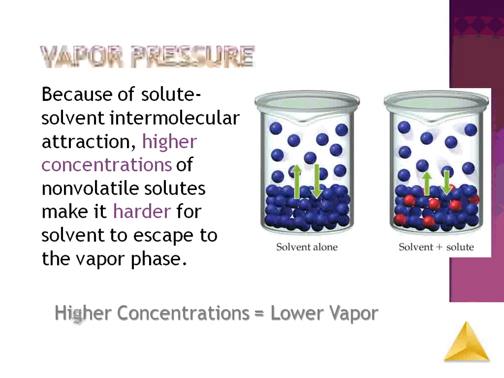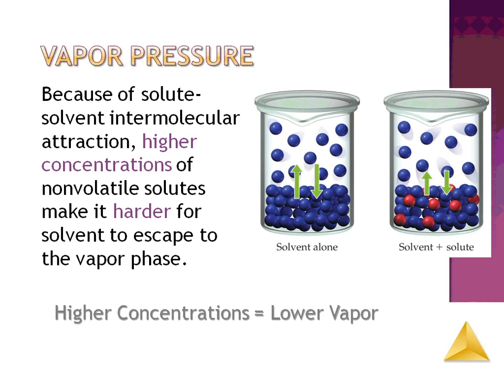Now, because of these interactions between the solute particles and the solvent particles, if the solute particles are attracted to the solvent, then it makes it more difficult for that solvent to release molecules into its gaseous phase.